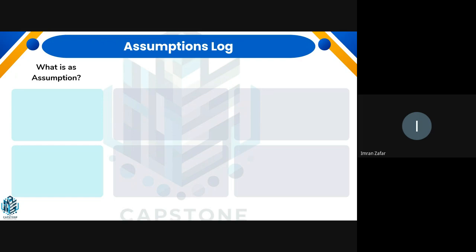So we need to understand what an assumption is, and a few other things that I'll talk about in the coming slides. By the way, can anyone of you define what we call an assumption?